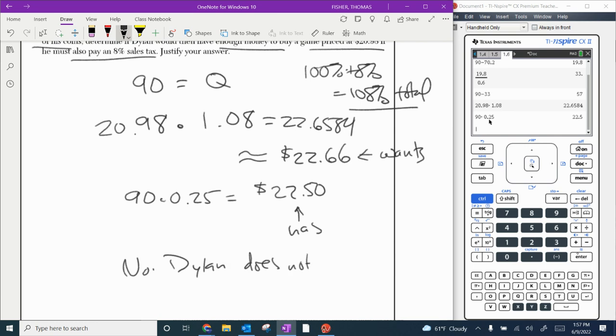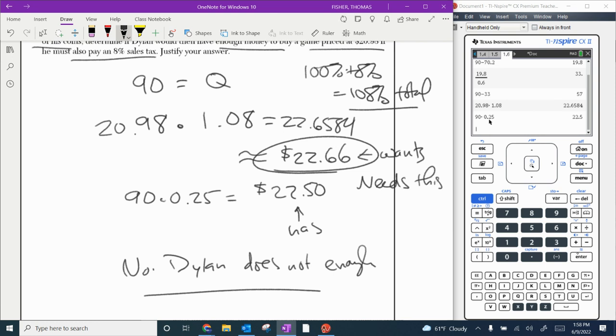And if you read the question there, it says to justify. So justify means to show work, and this is plenty of work. So he only has this much. He needs this, so he needs this, only has that. That's a clear justification of not having enough. And that's the short answer for this whole test.